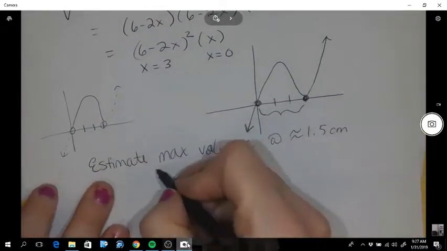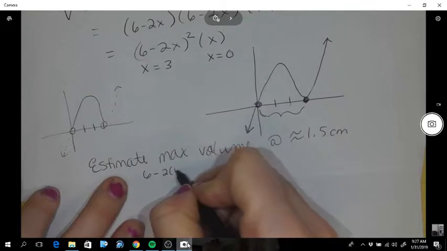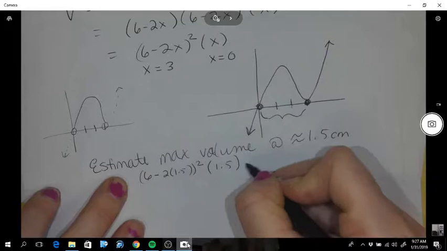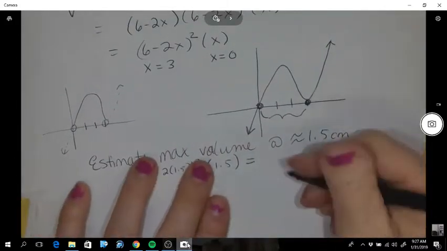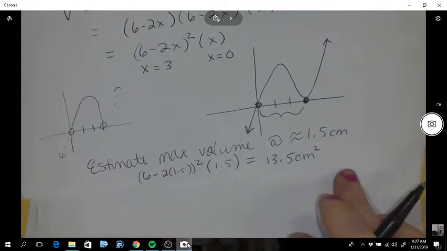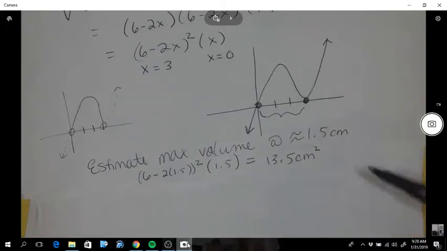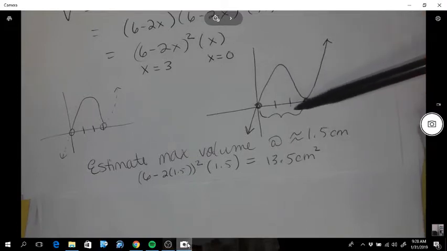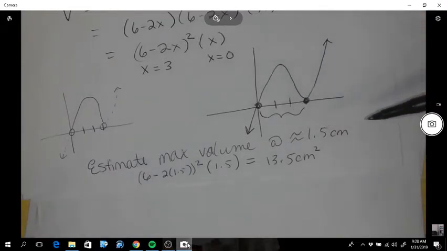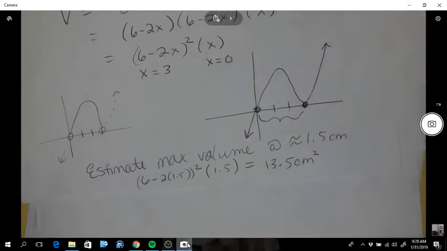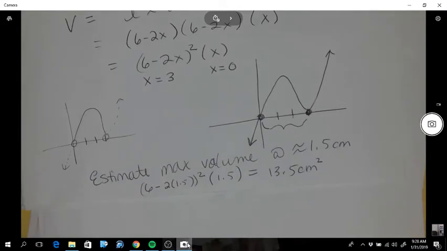Okay, so if I plug that in, I get 6 subtract 2 times 1.5 squared times 1.5, which is 13.5 centimeters squared. And again, that's just an estimation. If they're looking for more precise answers, you might have to test 1.4, 1.6, anything in there just to see what the pattern is. Or if you have a graphing calculator, you could actually find the max point that is in that region exactly.